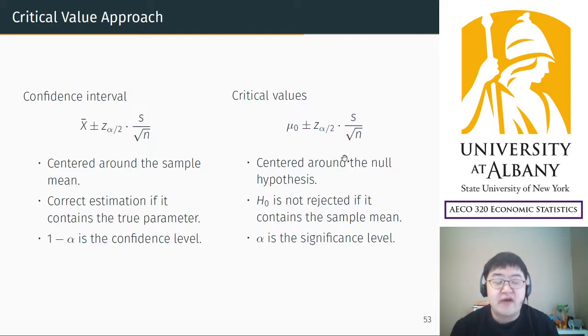In the critical values, we have our belief about the population mean, but we are yet to calculate the sample mean. So we are going to calculate the critical values first from our belief, and then we will compare the sample mean with this guy. So this interval is made for the sample mean. Sample mean will be compared with this interval.